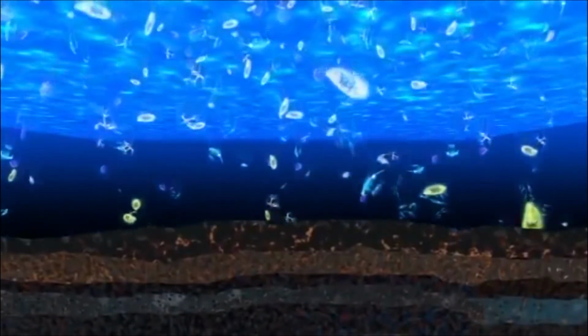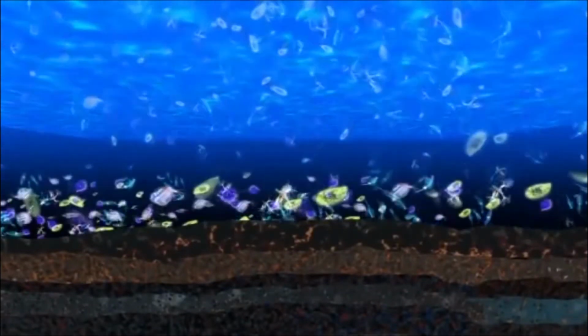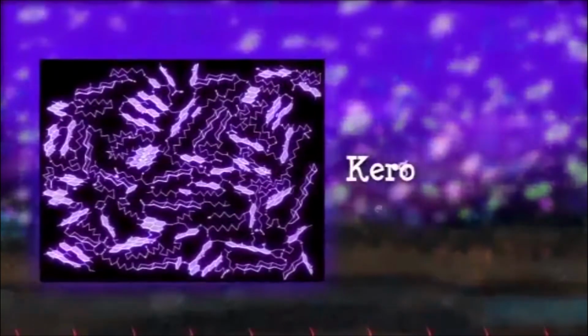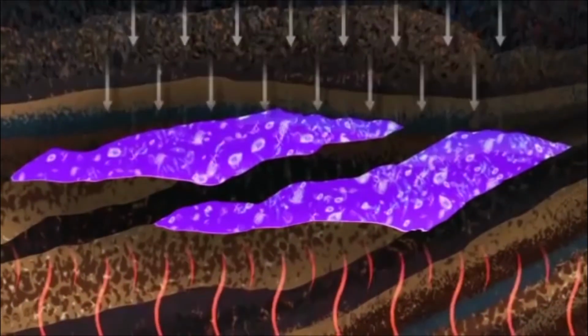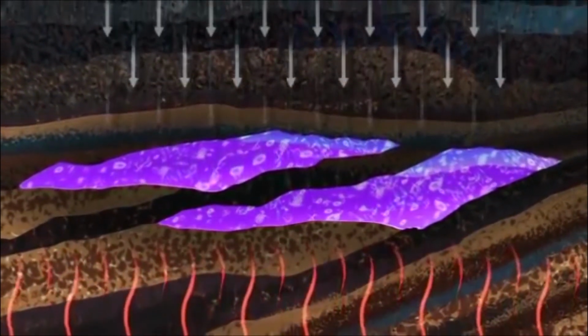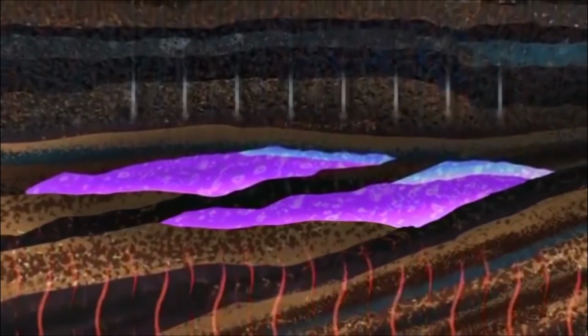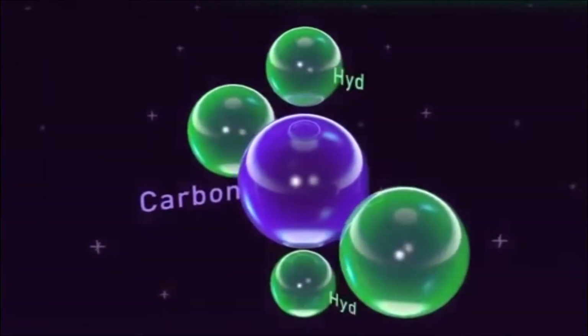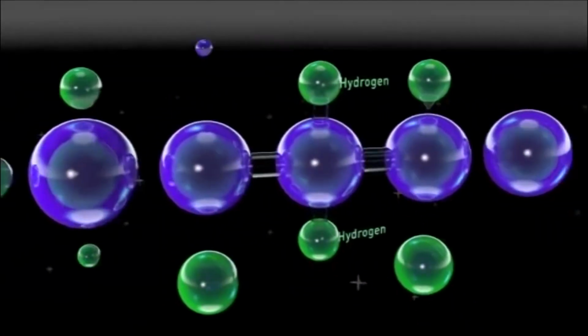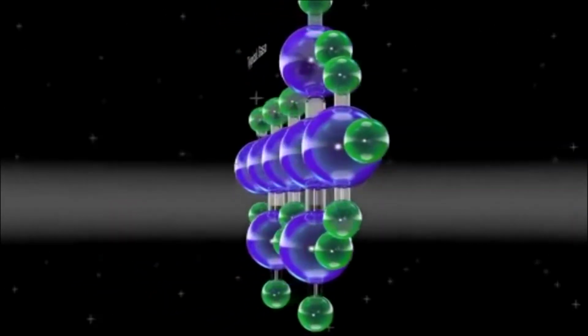Beneath other sediments in the ocean, and in the absence of oxygen, these fossils changed into a substance called kerogen. Under heat and pressure, kerogen gradually changes into oil or gas. The whole process usually takes at least 1 million years. At the molecular level, oil and gas are hydrocarbons made up of hydrogen and carbon atoms.